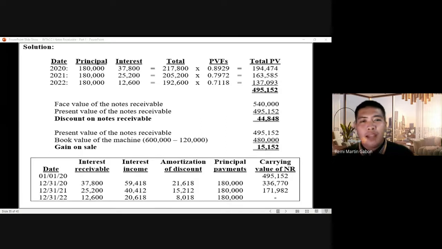Ngayon, 351,982 na yan. Di pa ulit tapos. Bawas again ng 180,000. Lalabas si 171,982.